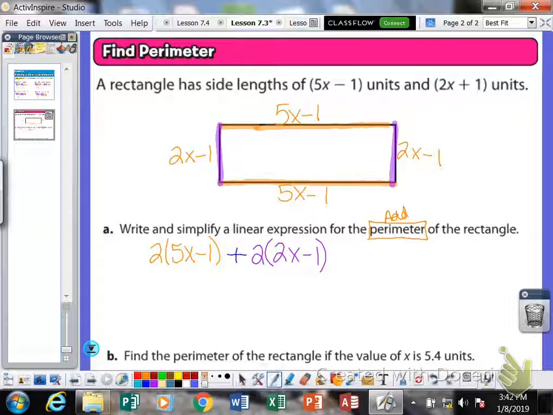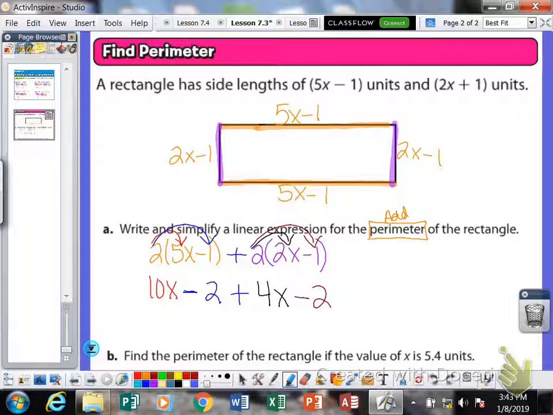So the first thing I do is distribute. We take 2 times 5x and get 10x, and then take 2 times the negative 1 and get negative 2, plus, then we take 2 times 2x, and we get 4x, and then 2 times the negative 1, I get negative 2.